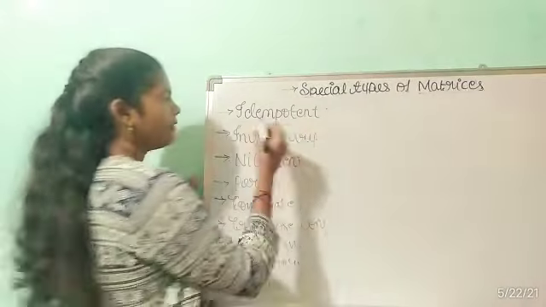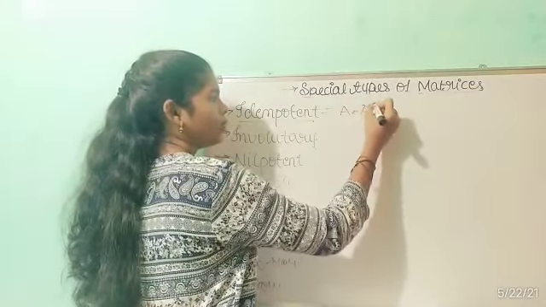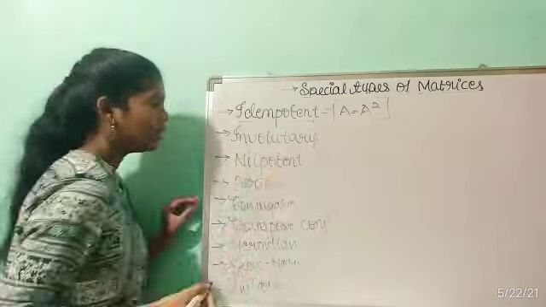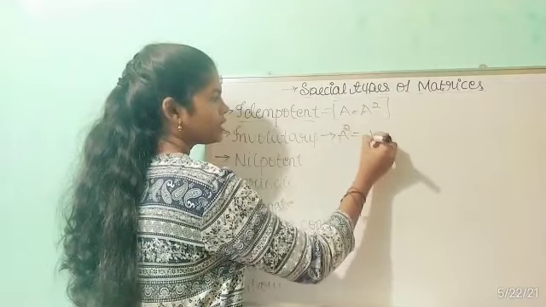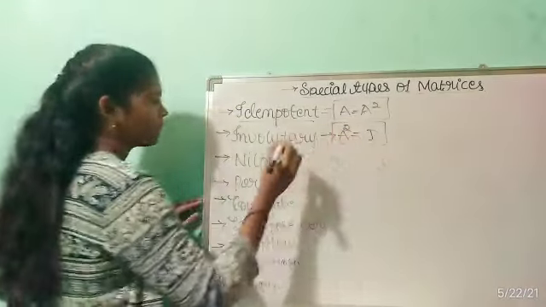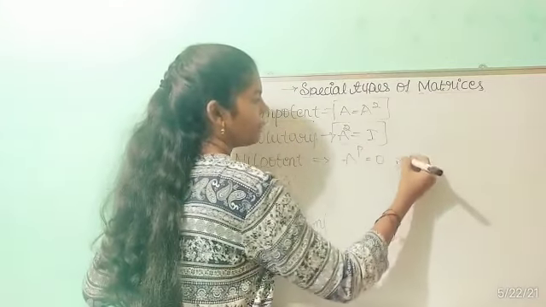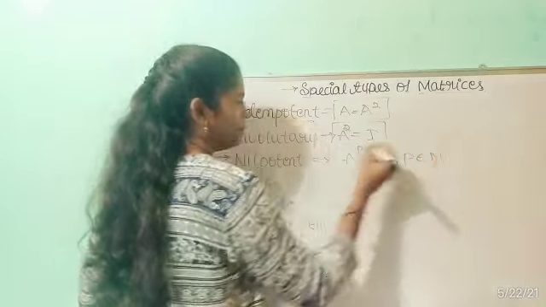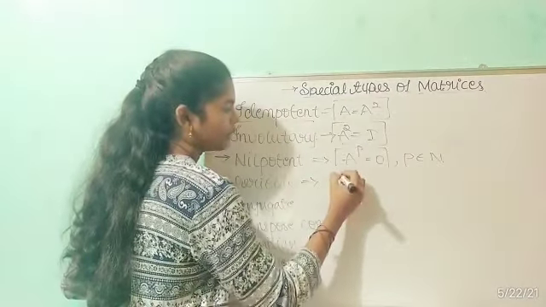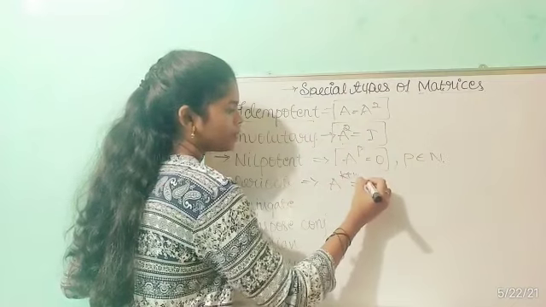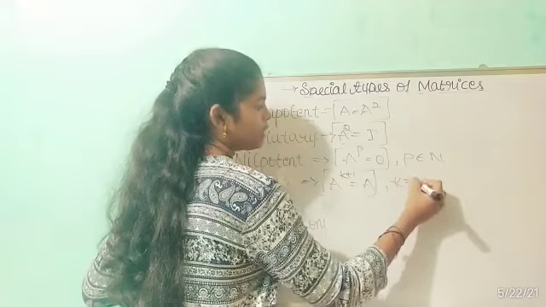What have we learned in the idempotent matrix? A is equal to A square. In the involutory matrix, A square is equal to I. Nilpotent matrix: A power P is equal to 0, where P belongs to natural numbers. And in the periodic matrix, A power K plus 1 is equal to A, where K is a positive number.